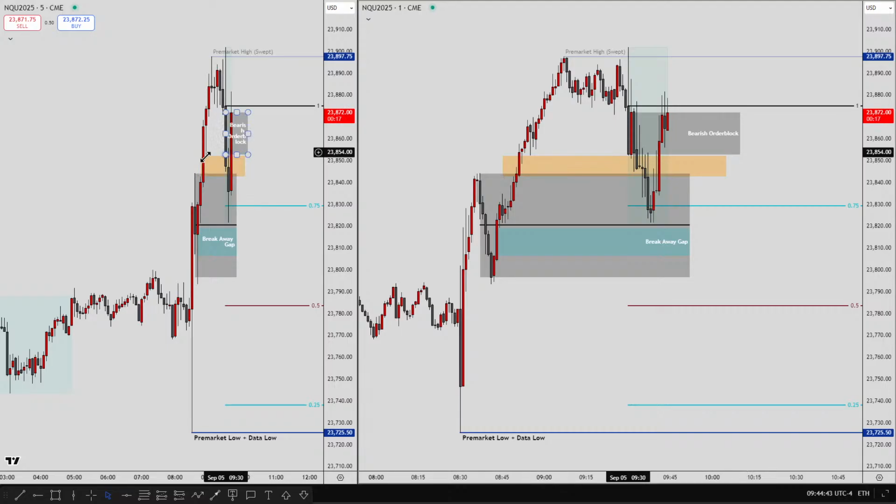Oh wait, no, I'm wrong. Yeah, it's a reclaimed. Sorry. It's reclaimed because it traded below and then it traded back above. Yeah, I'm stupid. Don't listen to me.